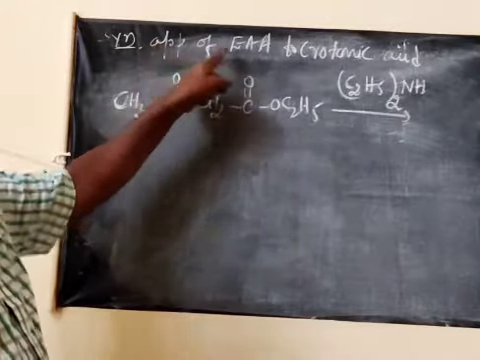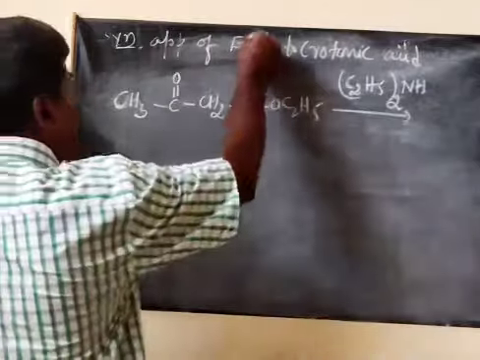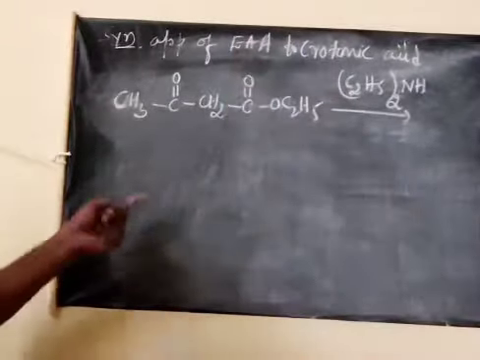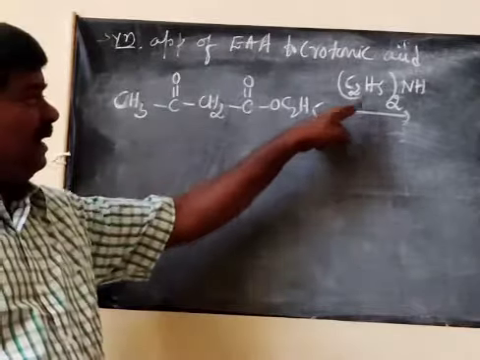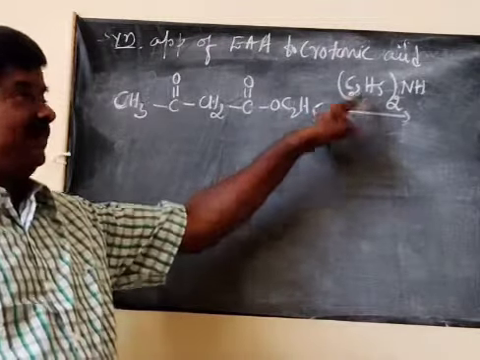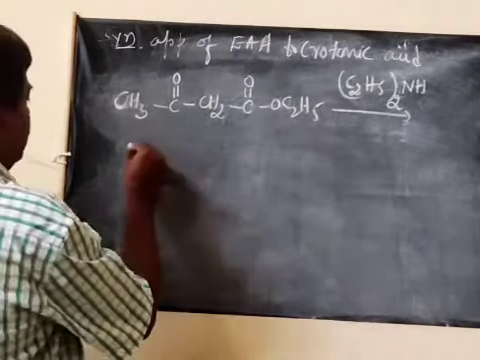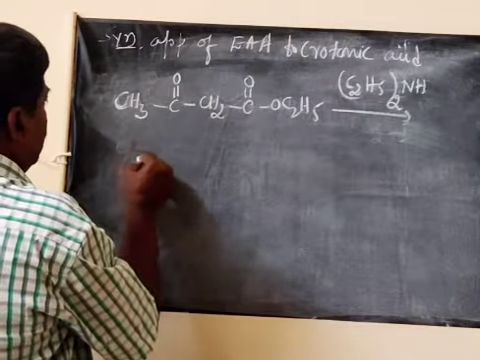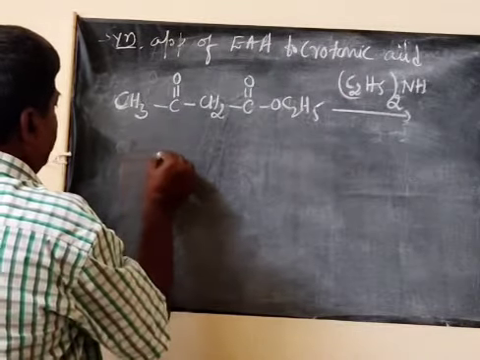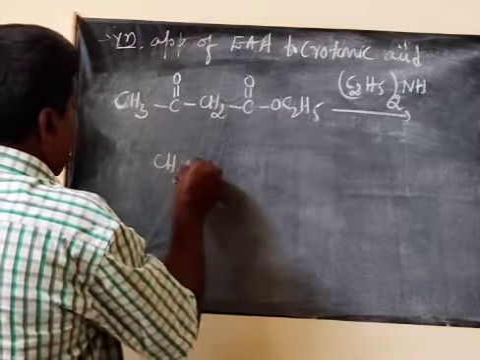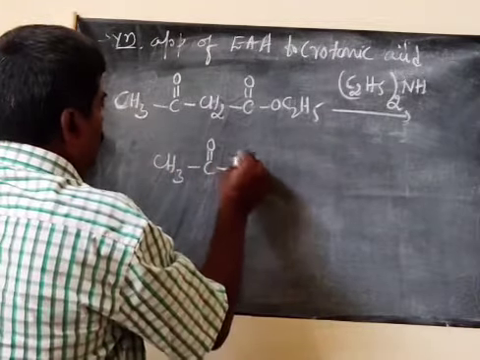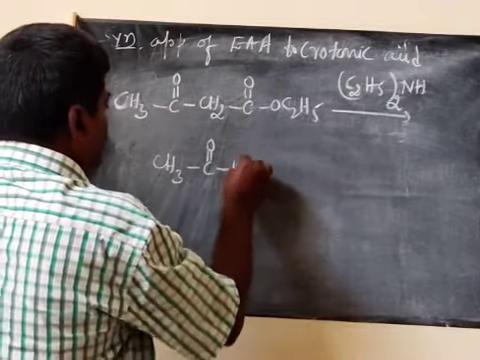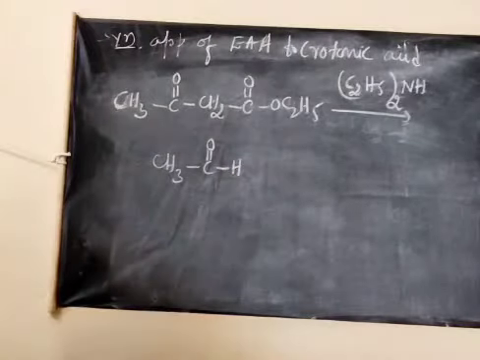See, conversion of ethyl acetoacetate to crotonic acid. Here ethyl acetoacetate is treated with an aldehyde in presence of a strong base. See, CH3 C=O H, acetaldehyde. See what happens.